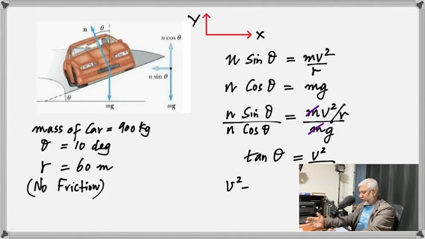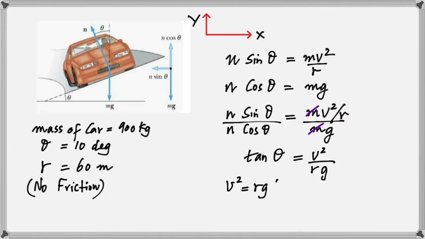So if you're asked to find the maximum speed at which this car can take the curve, now you're able to do it. So now you can be like, okay, radius is 60, g is 9.8, tangent of the angle of banking, and you would get the number.